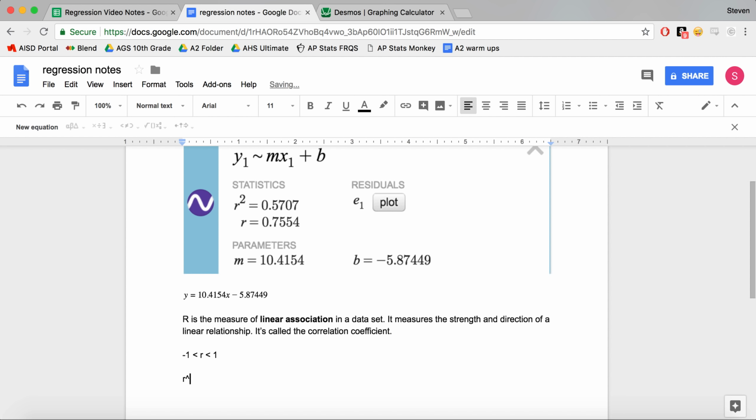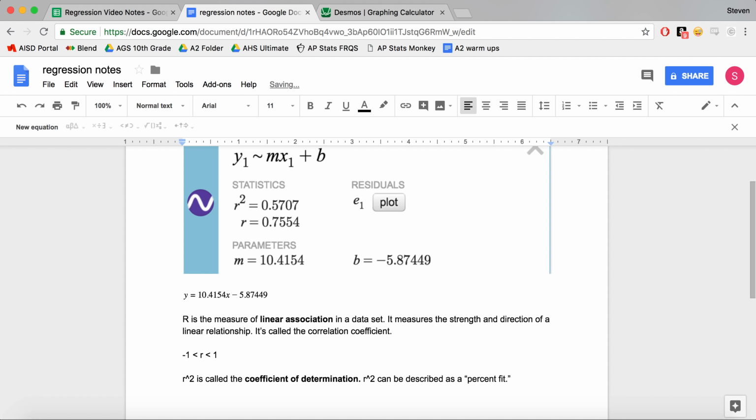R squared is called the coefficient of determination, and it can be described as a kind of percent fit.